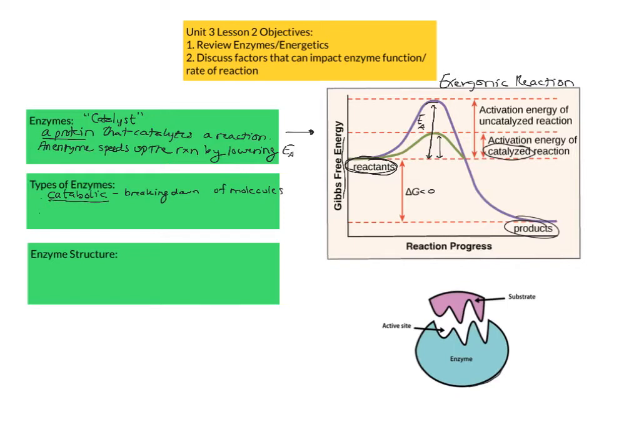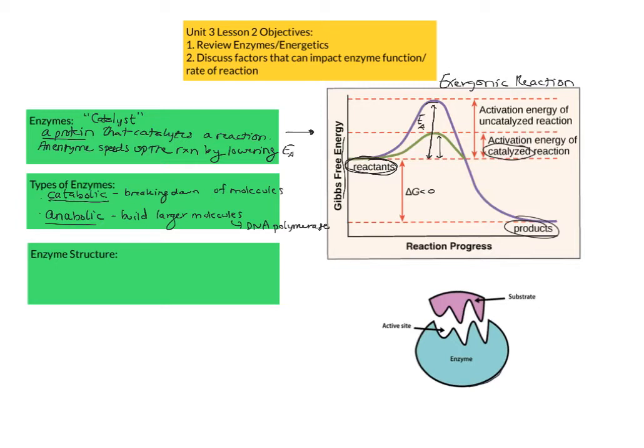And then the opposite, if you remember, would be anabolic pathways. So anabolic enzymes, instead of breaking down molecules, help build larger molecules. One of the big examples of an anabolic enzyme in biology is DNA polymerase.